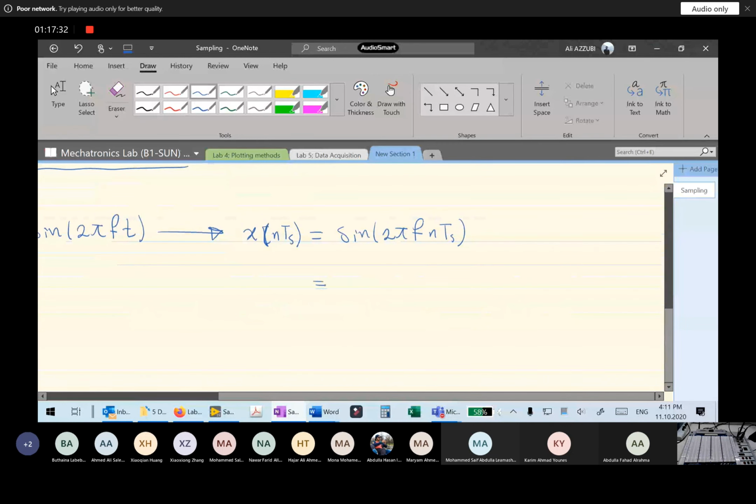This equals sine 2 pi times f times n, because I can write ts as 1 over fs. Simply I can put fs here, right?